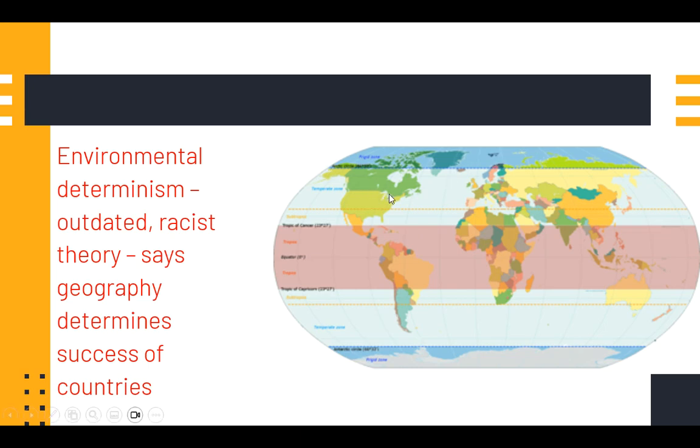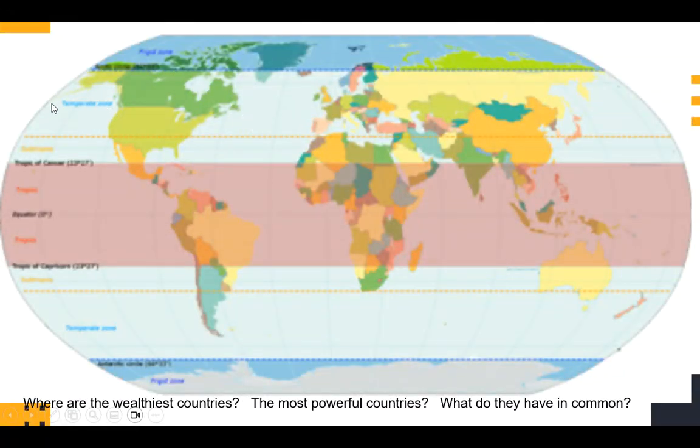But countries, this is what the theory said, countries in this temperate zone, this is the temperate zone. Countries that are here have better geography, and that's why countries here, including Europe and China and the United States and Canada, are going to have an easier time taking over the world than countries that are near the equator.